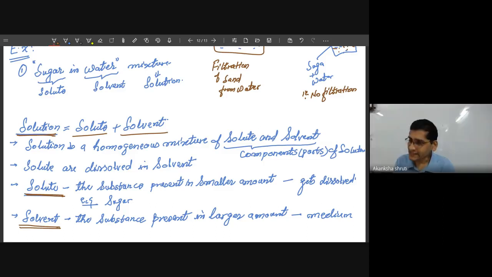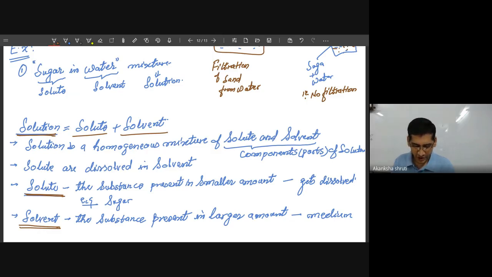The solute gets uniformly distributed and trapped between the interparticle space of the solvent. This process is called dissolution. But in a suspension it is not dissolution; there we use the dispersed phase and dispersion medium, not solute and solvent.